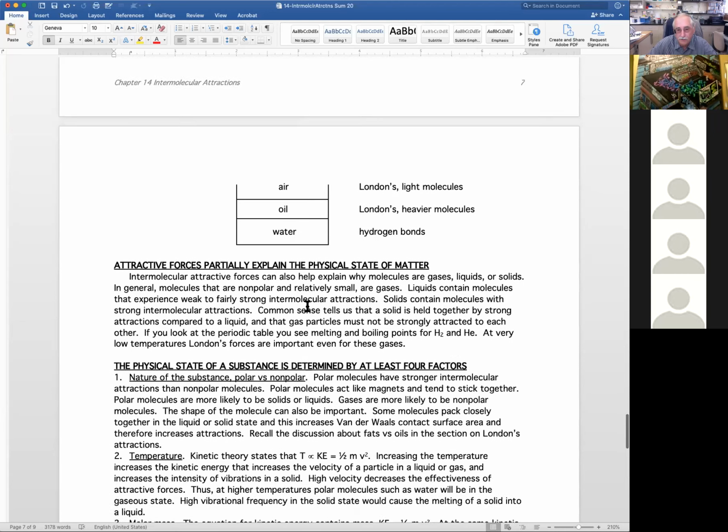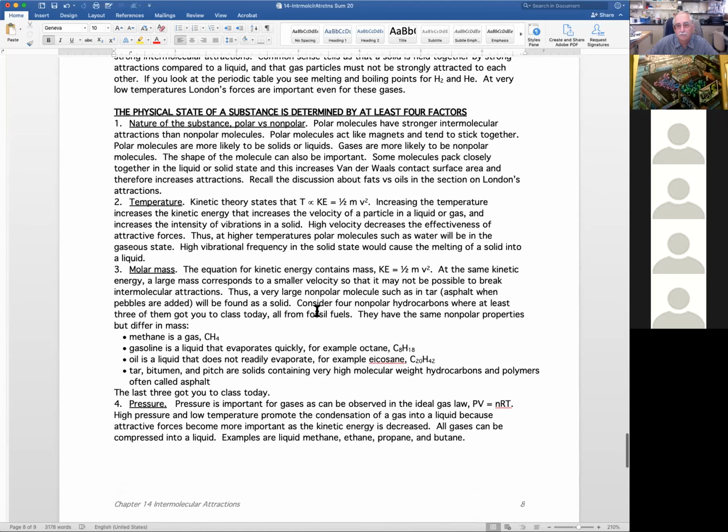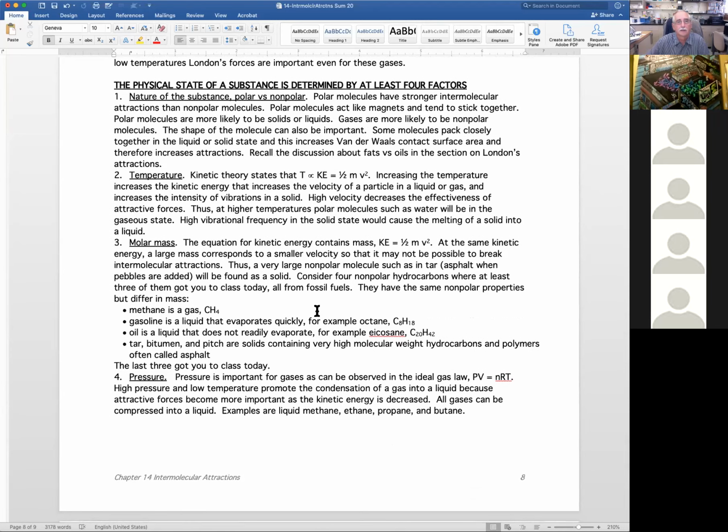Attractive forces partially explain the physical state of matter, like this table. I know the attractive forces are strong, even if I'm not sure what they are. And the physical state of a substance is determined by at least 4 factors. And I put as number 1, the nature of the substance. That's how important I think it is.